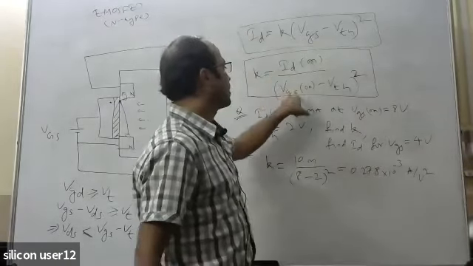So here this line is a continuous one. That means it indicates the channel is present from the beginning itself. But here in case of enhancement type, the channel is not present from the beginning. So this is the enhancement type symbol, and this is the depletion type MOSFET symbol, which we talked about yesterday.